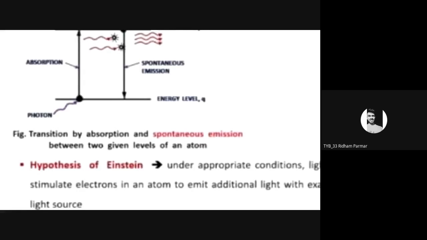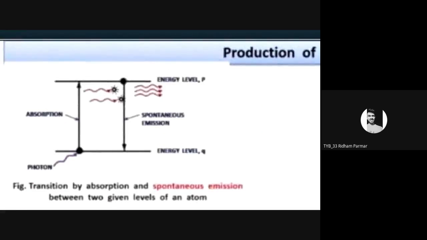Now this atom comes to the higher level by absorbing that photon. The atom that was at the Q energy level will come to the higher level, that is this higher level P. This atom cannot stay at this energy level for a long time, so it will come back to the lower energy level, once again to its original level, that is the Q level.